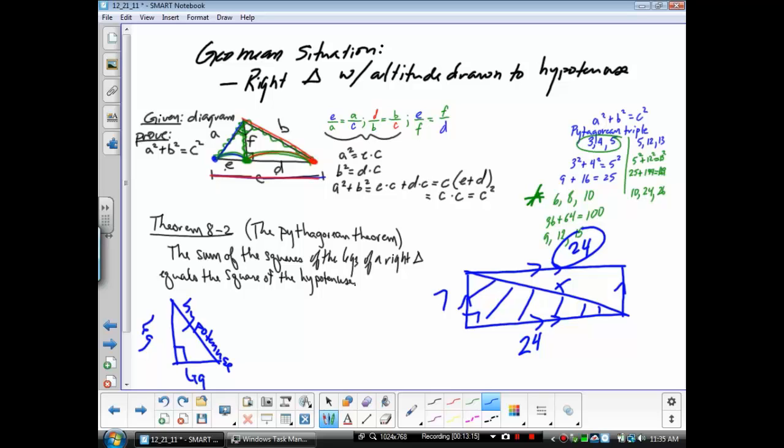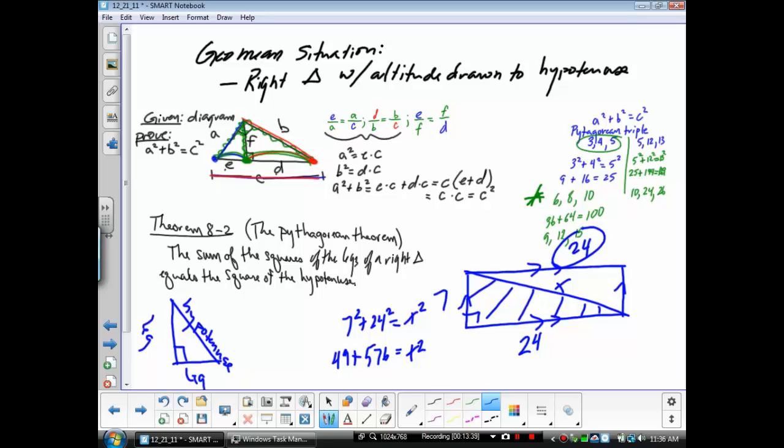Okay, so my legs are 7 and 24. 7 squared plus 24 squared equals x squared. So 49 plus, you have a calculator, 24 squared, 576 equals x squared.